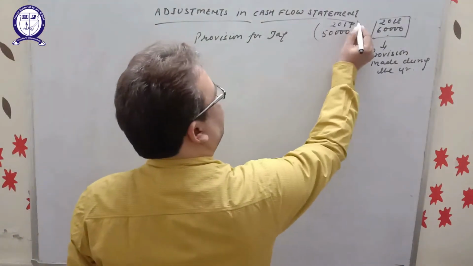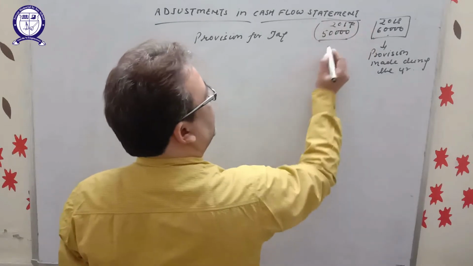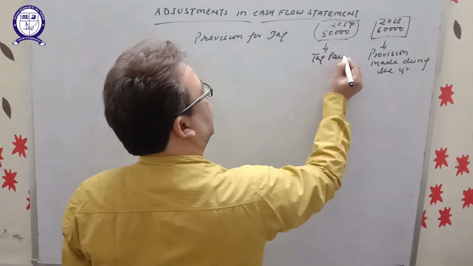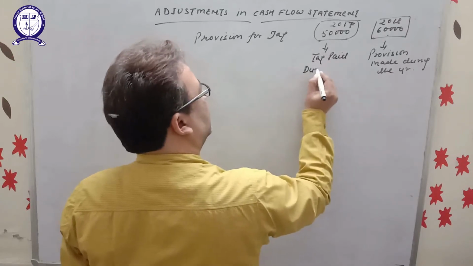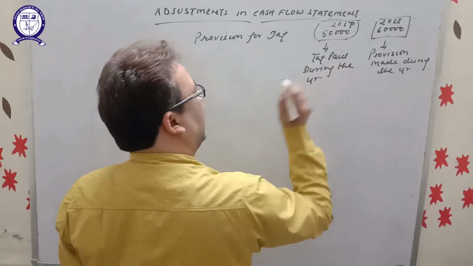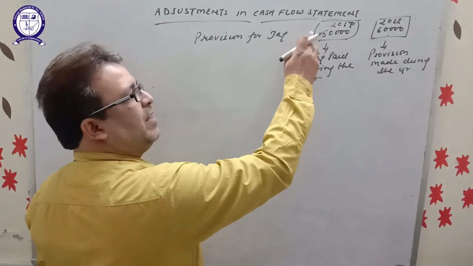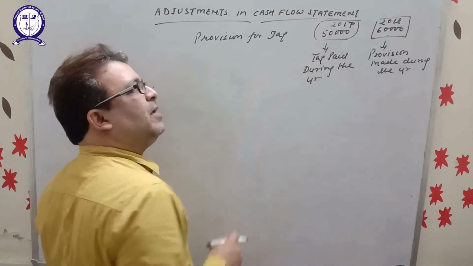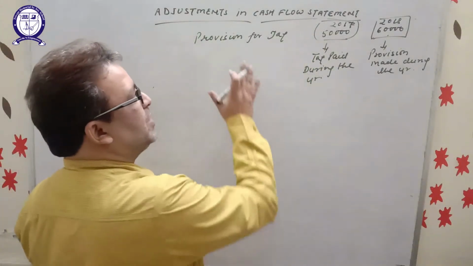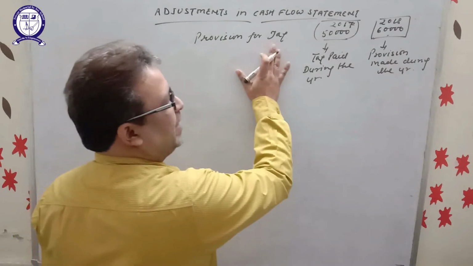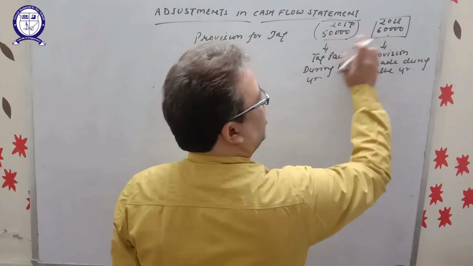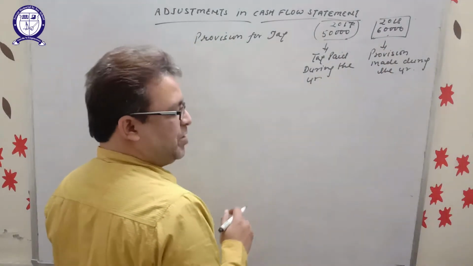And the previous year balance will be treated as tax paid during the year, and it will be deducted in cash flow from operating activities. So this is the treatment of provision for tax. We don't have to compare both year balances, right?